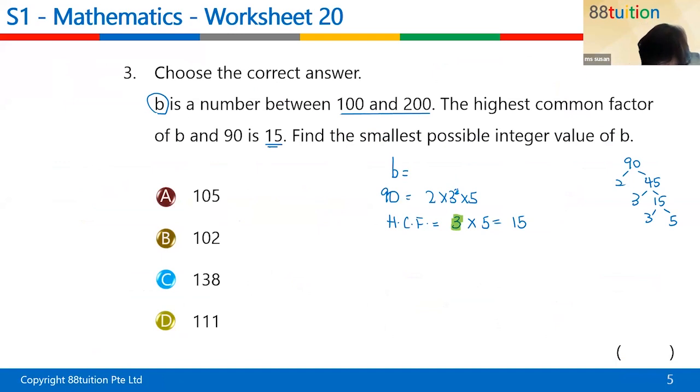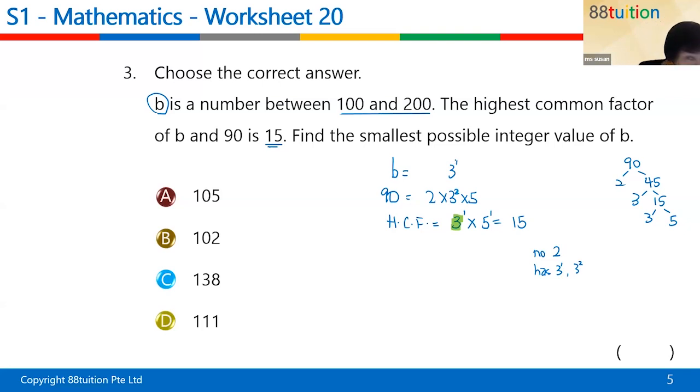So I need to fill up my B. B will definitely have no 2 as a prime factor. No 2, so forget about the 2. It has a 3, but is it 3 to the power of 1 or 3 to the power of 2? We have to decide. How to decide is because we have 5 to the power of 1, the common factor has the lowest 3 to the power of 1. So you can't have 3 to the power of 2. You must have 3 to the power of 1.